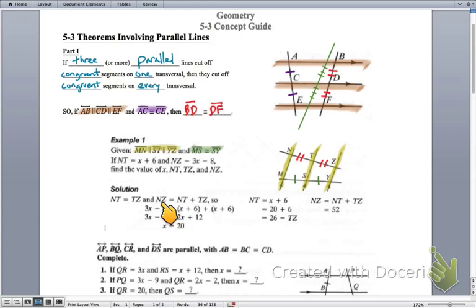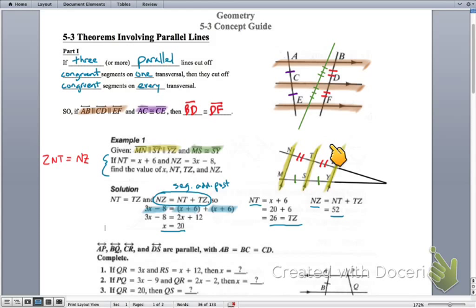So they said segment NZ, 3x minus 8, equals segment NT, x plus 6, plus segment TZ, which is also going to equal x plus 6. They've solved that to figure out that x is equal to 20. Or we could have said that two NTs will equal one NZ, right?